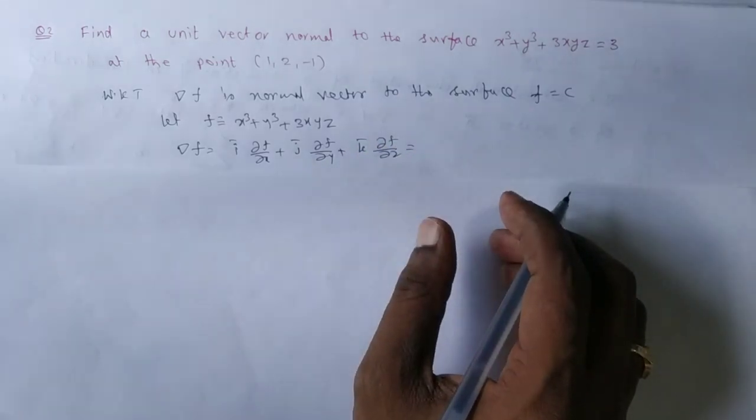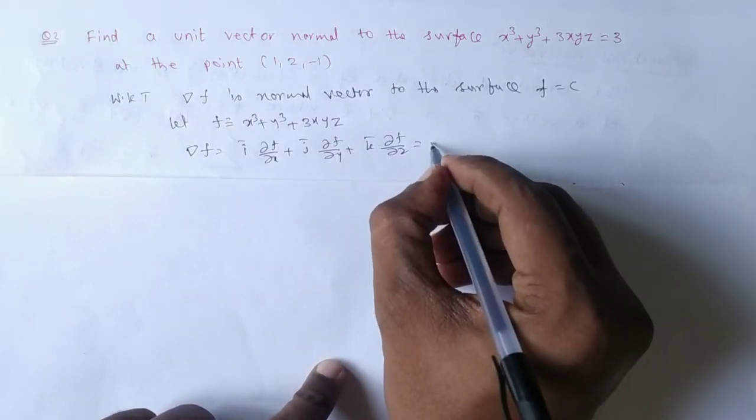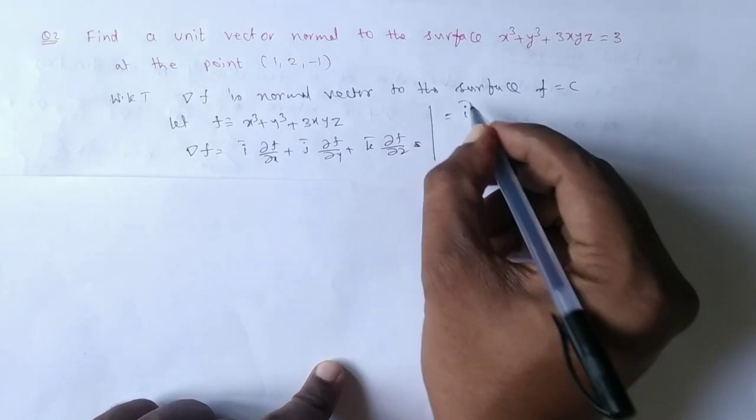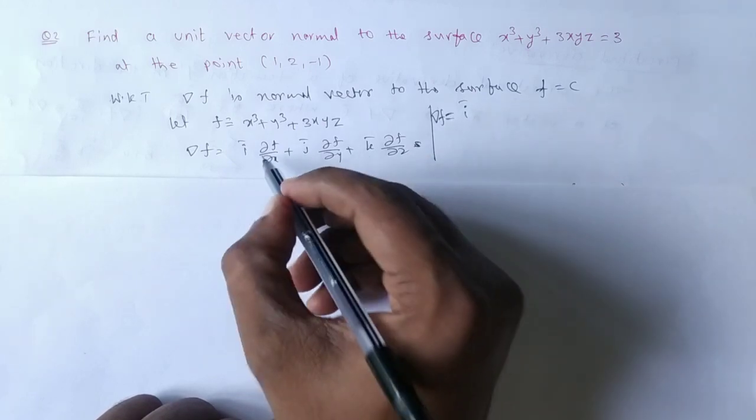So grad f equals i bar into dou f by dou x.